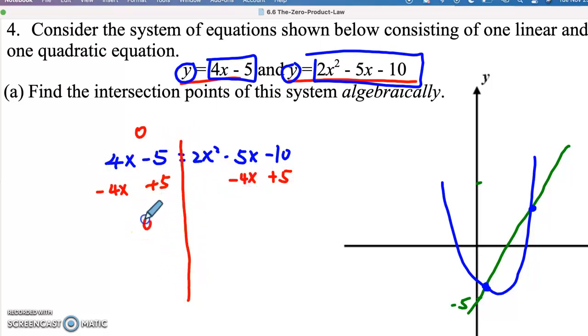Then when you have a 0 here, you have 2x squared minus 9x minus 5, and you need to factor, so you're gonna have the product of two binomials.